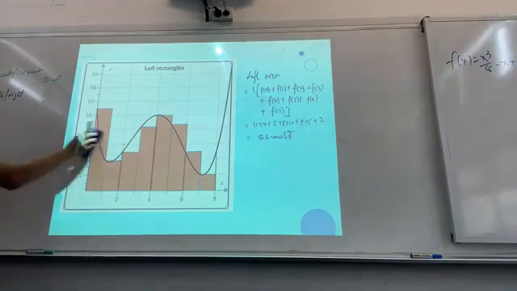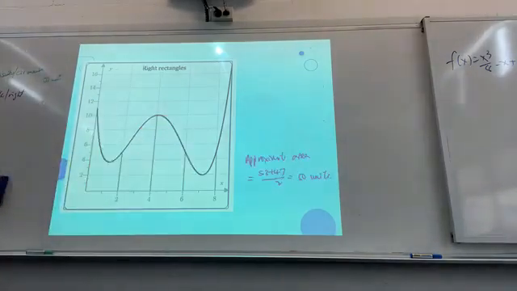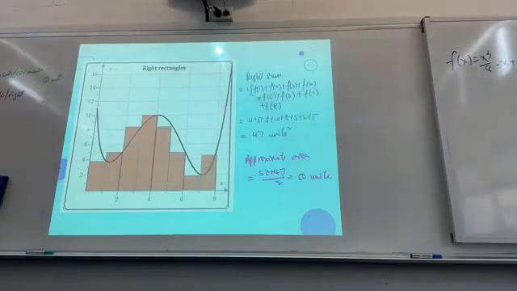So with your right rectangle, I've already given you the values. Again, approximate area is 50 units, so it's pretty close. Not too much different. I thought there was a lot of difference. All right, 50 units square.